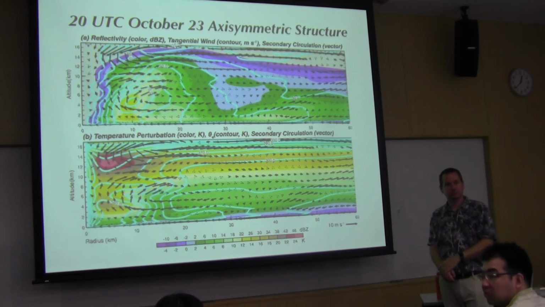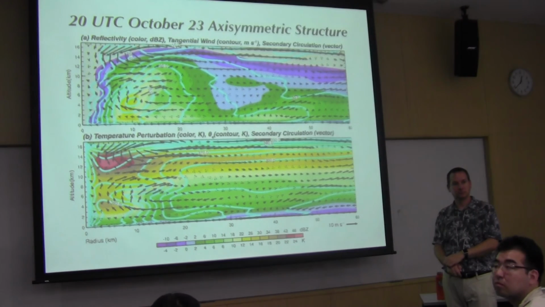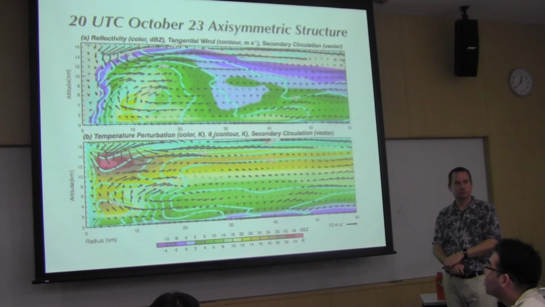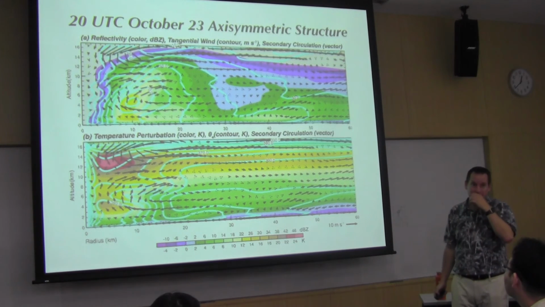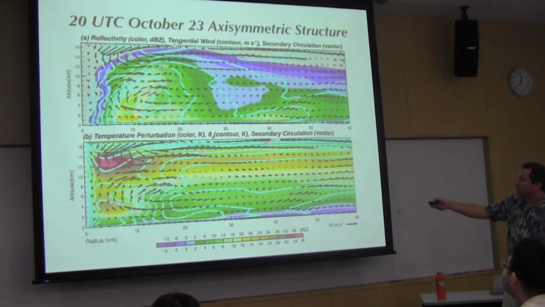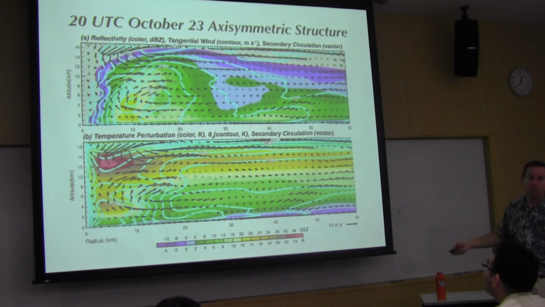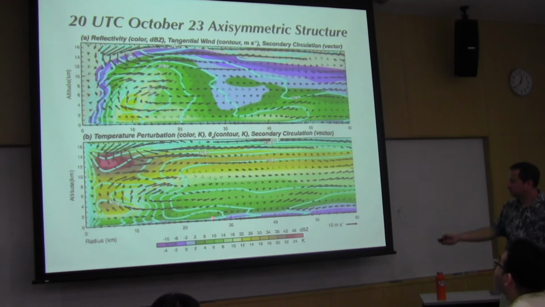I think Hioki-san says that in this case, it's a little bit different from the typical cases. For example, the maximum tangential wind is seen at about 5 kilometer height, right? Mm-hmm. And it seems to me it is related to the middle level inflow over here, coming inside, so it gives a large tangential velocity over here, right? Yes.